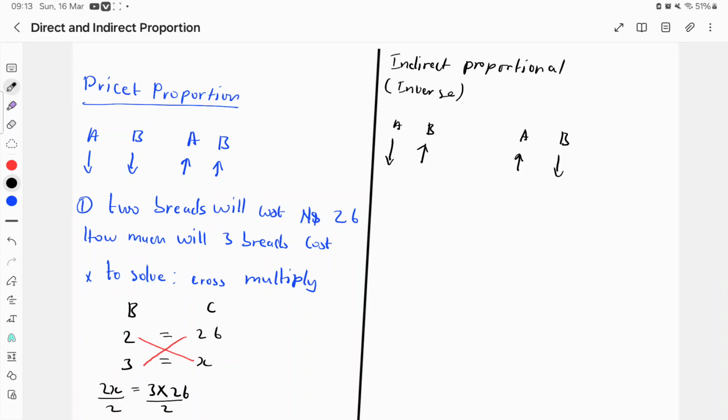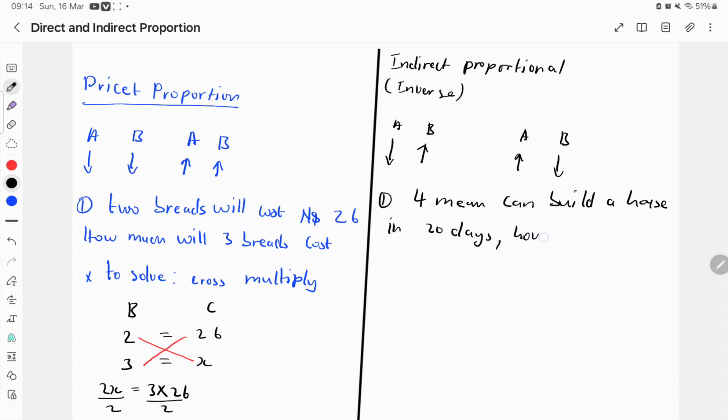So now, let me give you a question here. 4 men can build a house in 20 days.